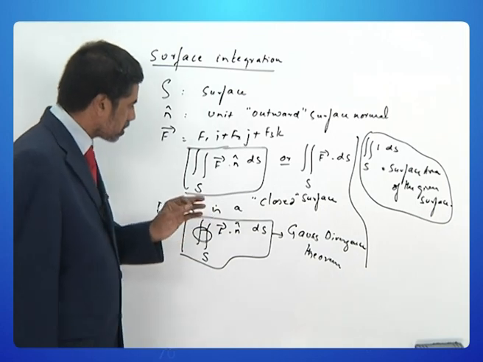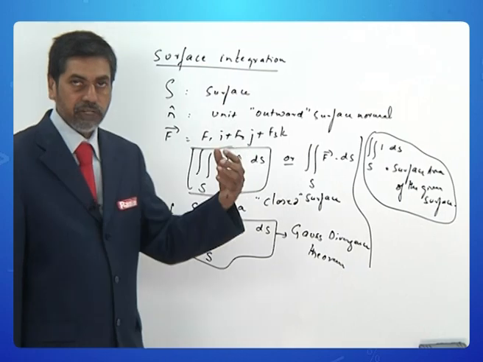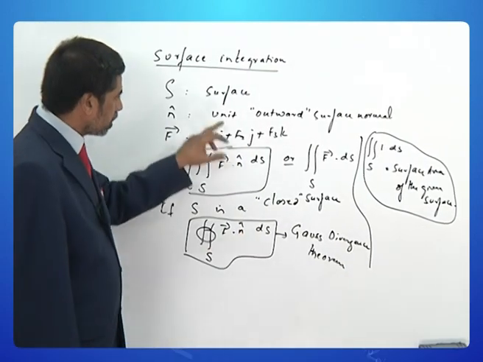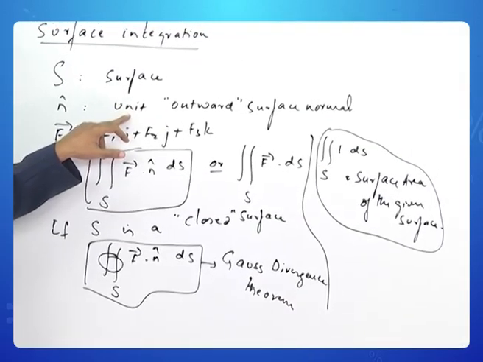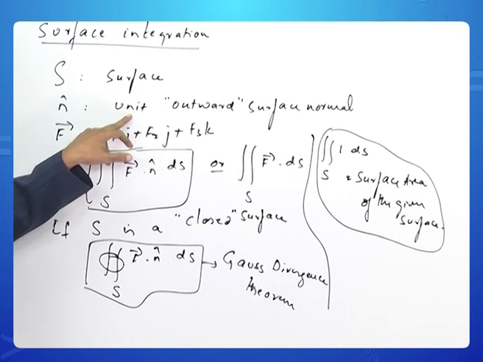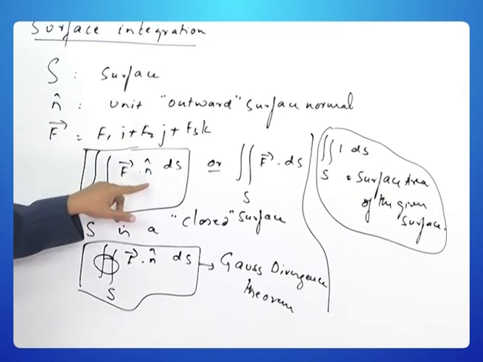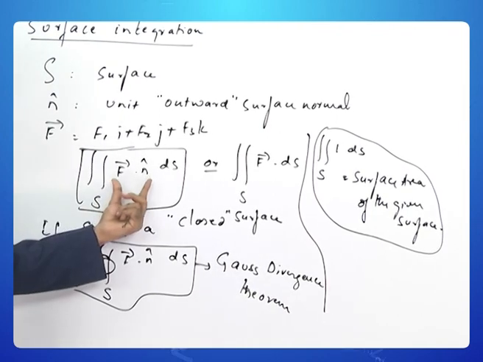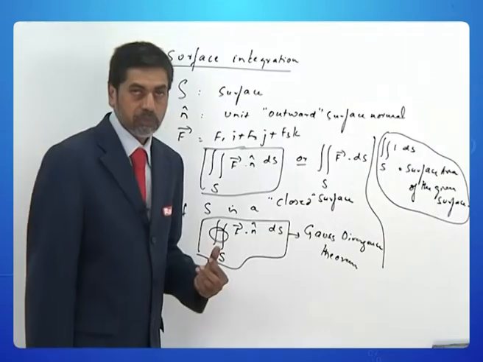The first point you must remember is a surface integral generally cannot be evaluated directly. So what one has to do is, from the given surface, first write the unit surface normal. N cap has to be evaluated. So once n cap comes, you take the dot product with the field which is given to you. After this has been reduced to a scalar, the next thing is, what is this ds?